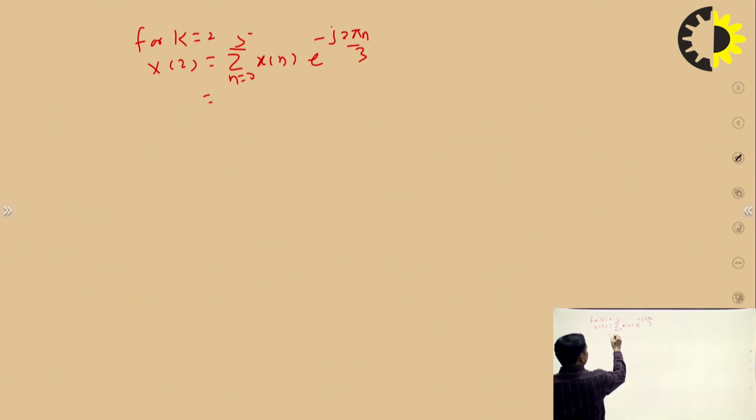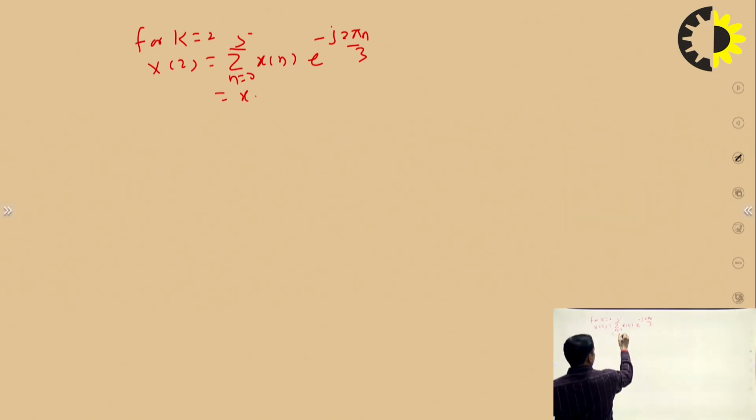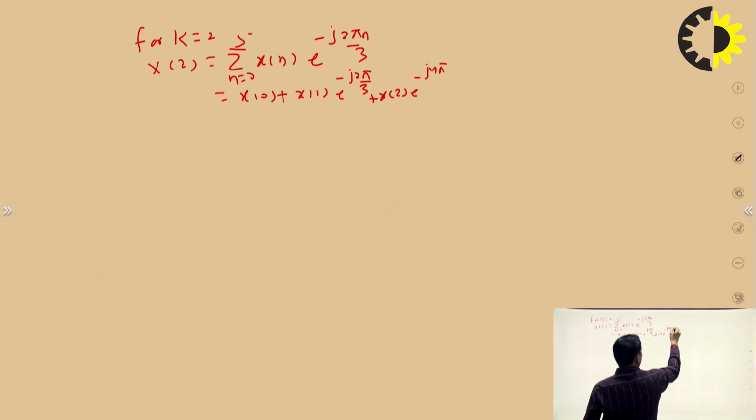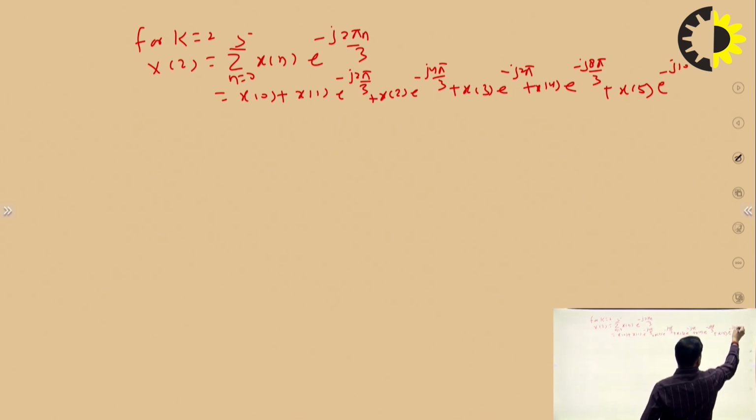Correspondingly, we will expand it for the value of small n: x0 plus x1 e raised to power minus j 2 pi by 3, plus x2 e raised to power minus j 4 pi by 3, plus x3 e raised to power minus j 2 pi, plus x4 e raised to power minus j 8 pi by 3, plus x5 e raised to power minus j 10 pi by 3.